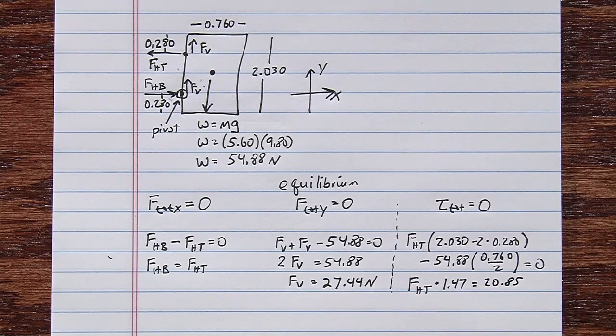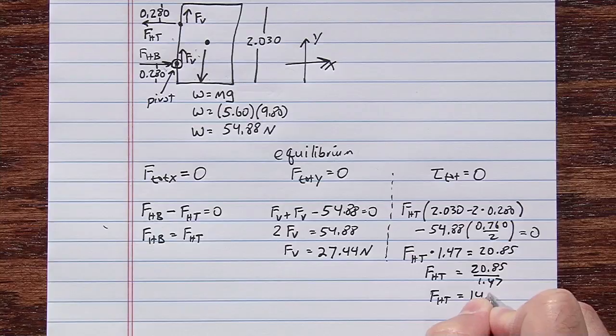So force hinge top is equal to 20.85 divided by 1.47, which is 14.2 newtons.